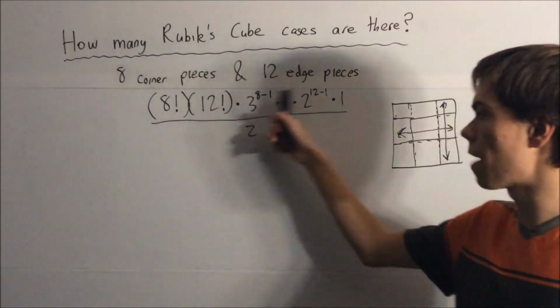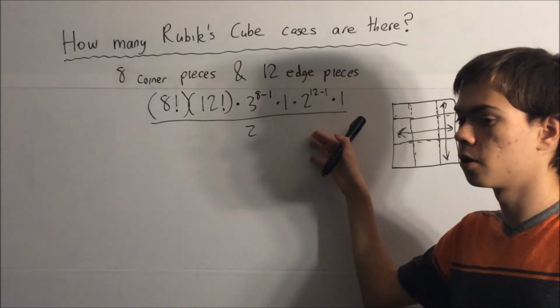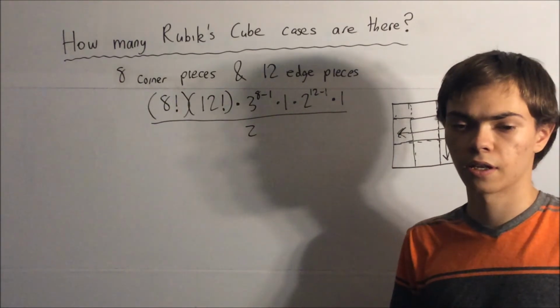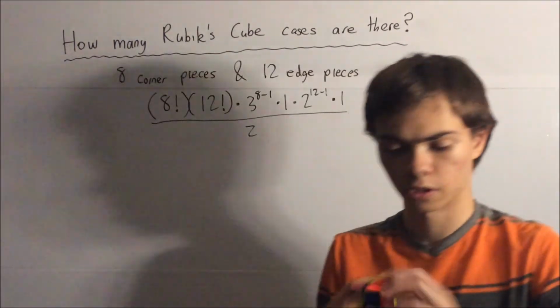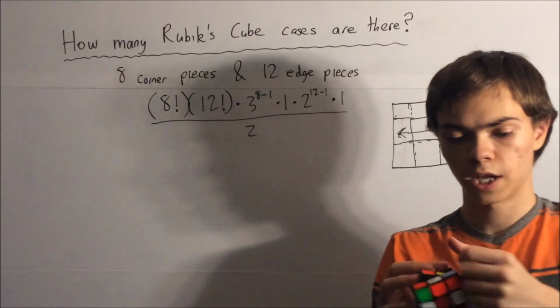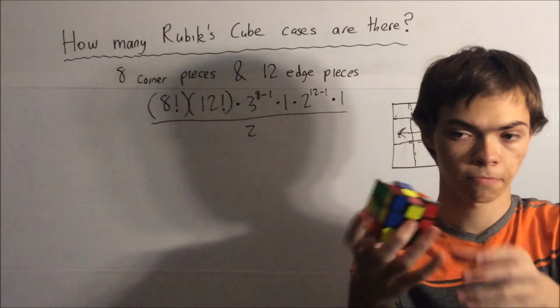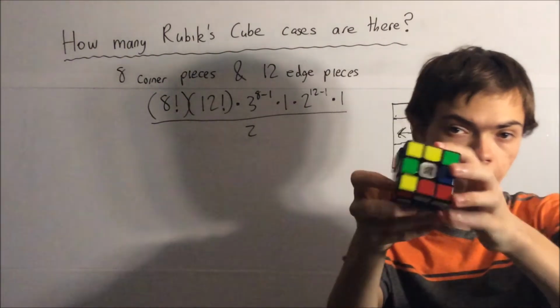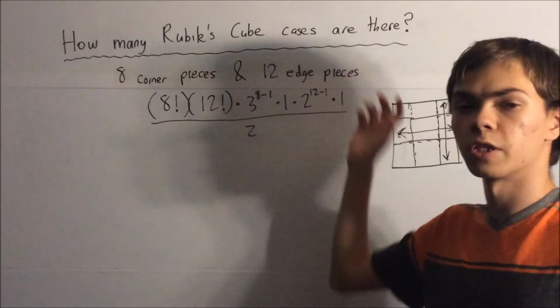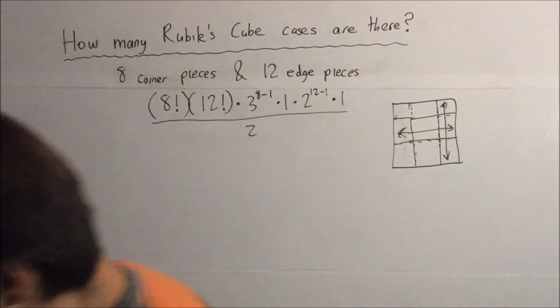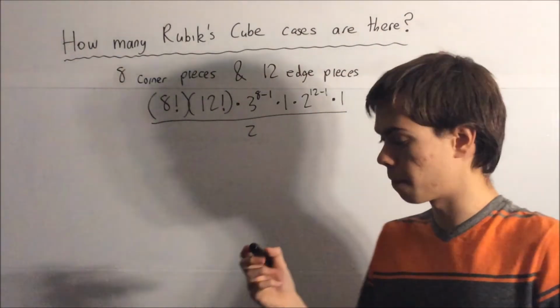And so this value that we see right here would be the number of cases that are solvable when scrambling the Rubik's Cube. And the case that we have right here is just one of these numbers. This is in fact a really large number.